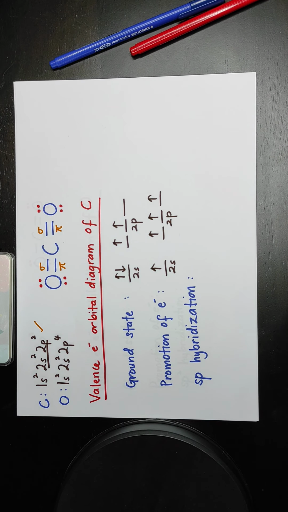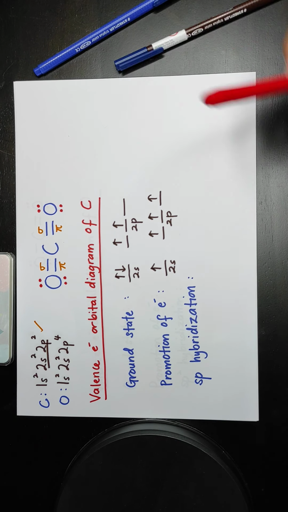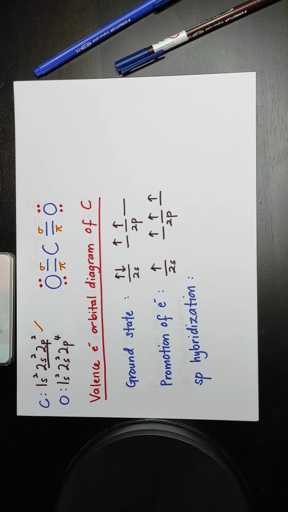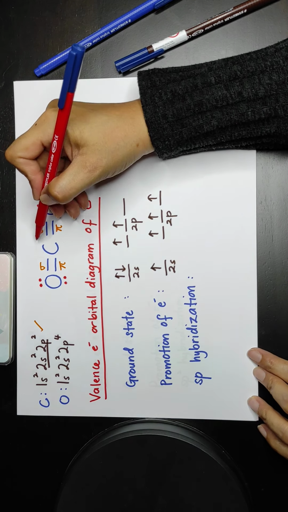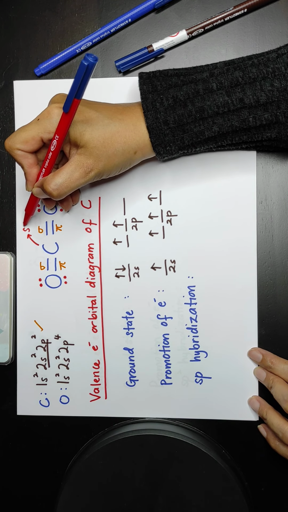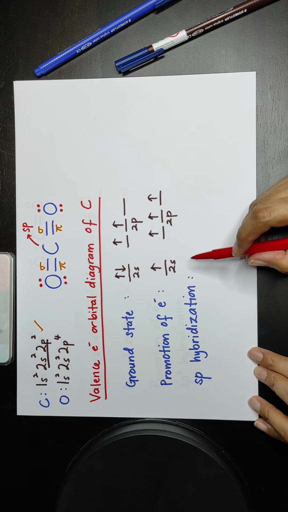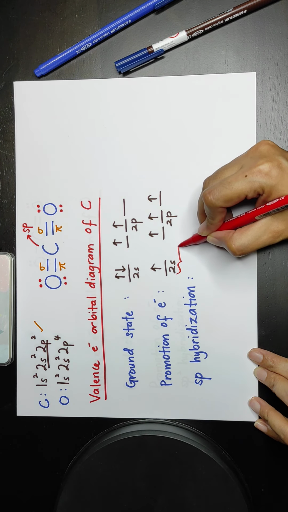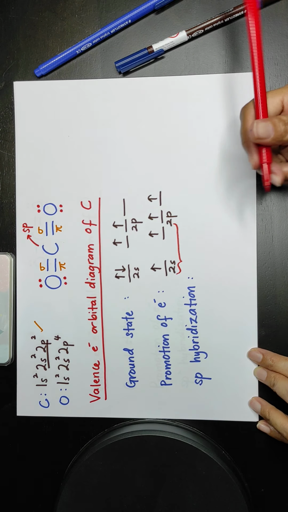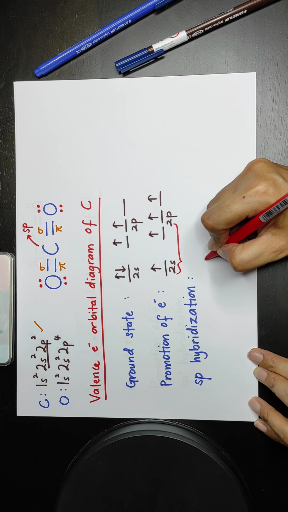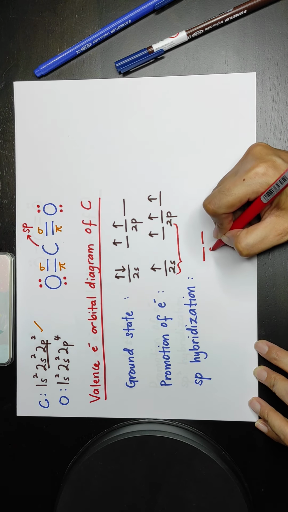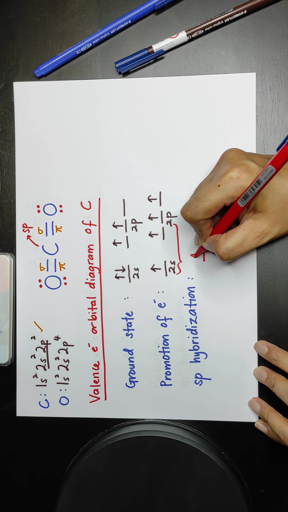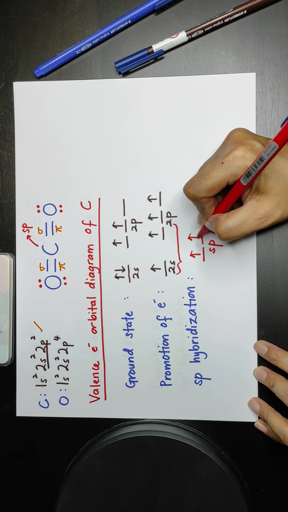Earlier we already determined the type of hybridization of carbon atom, where carbon atom undergoes sp hybridization. So carbon mixes its 2s orbital and one of its 2p orbitals to form a new set of hybrid orbitals, which is called sp hybrid orbitals.